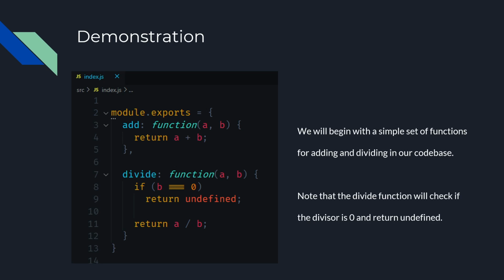Now this could also be more inclusive to validate that the inputs are numbers and handle floats, but we're just keeping everything very simple today. The one thing that I want to have at the forefront of your mind is on line 8, where we have our if statement to check the divisor and return undefined if it's 0.